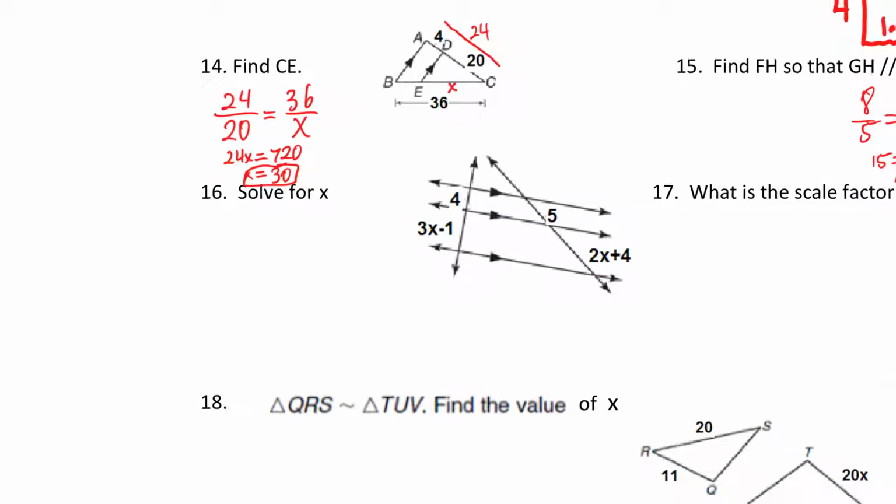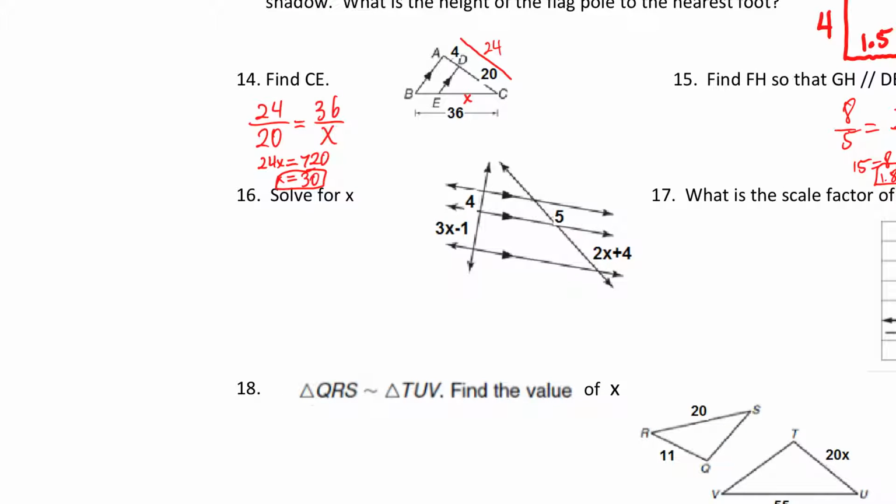Okay. On this one, same thing. It's just 4 is to 3x minus 1 as 5 is to 2x plus 4. So you get 15x minus 5 equals 8x plus 16. So that gives you 7x on that side, 21 on that side, so x should equal 3.